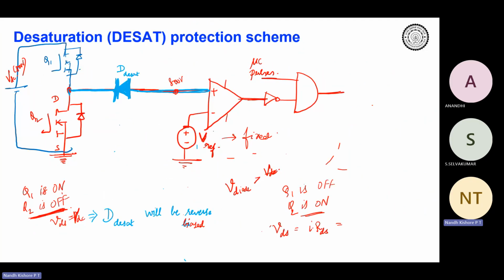We saw how the circuit operates, right? The current will rise, so the voltage across the bottom device will go on increasing. We will compare it with a comparator, and then we will turn off the gate pulses for Q2, for the device S2. So that is how we save the device. Do you understand? Yes, sure. DSAT protection will come into play.